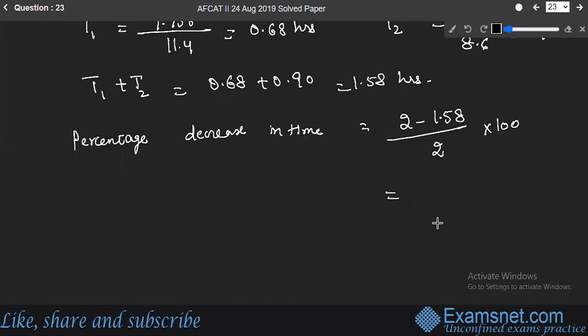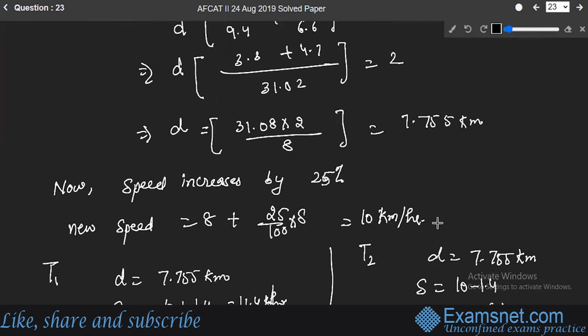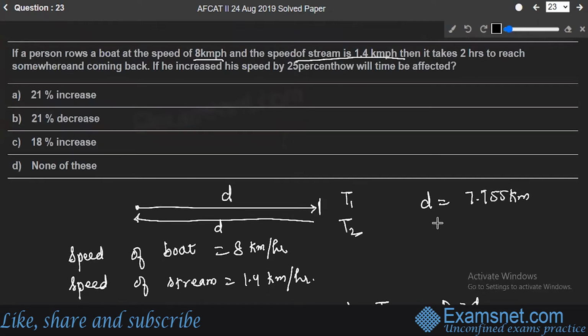Okay. So this will be around 0.42 divided by 2 into 100, or this will be 21%. This is the answer. Let's see the options. So obviously it is decreasing. So this is 21% decrease. Option B is the answer to this question.